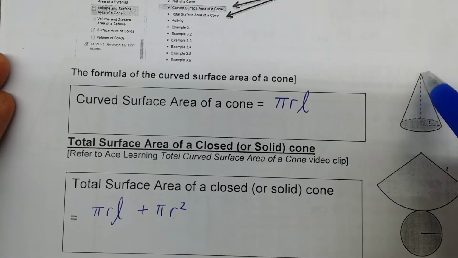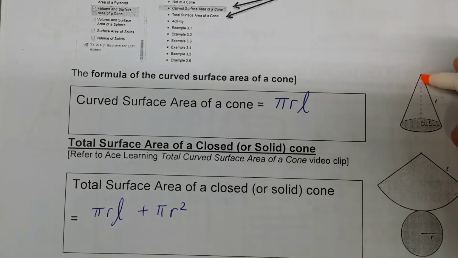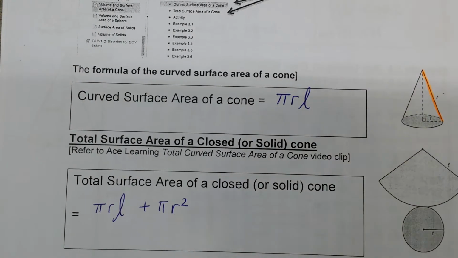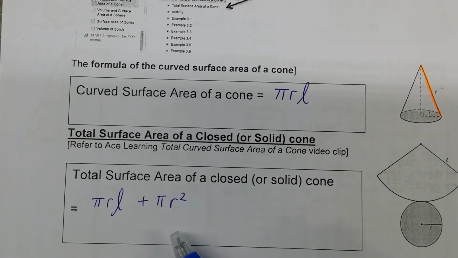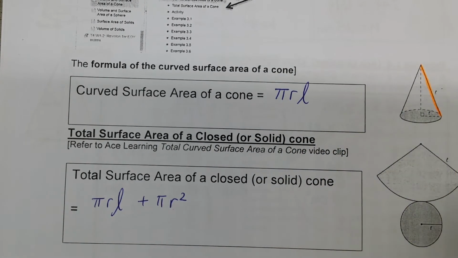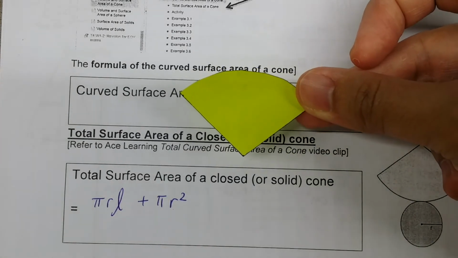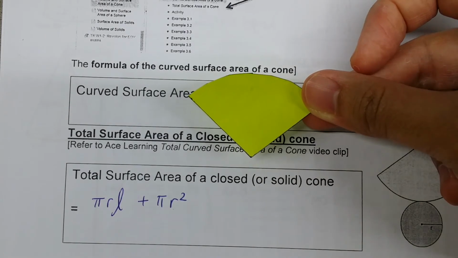To represent the slant height, this slant length. So I represent it by L here. So the formula for the curved surface area is pi RL.